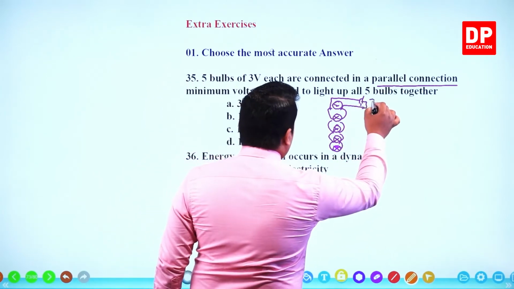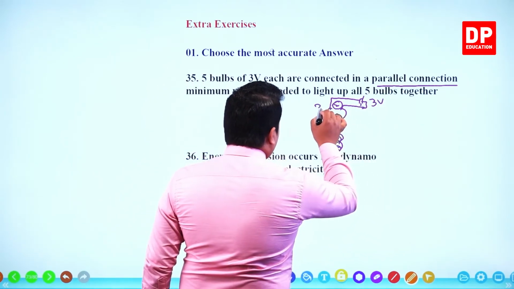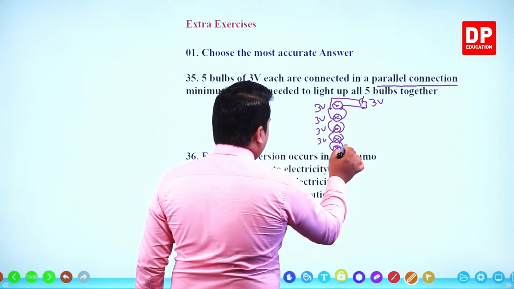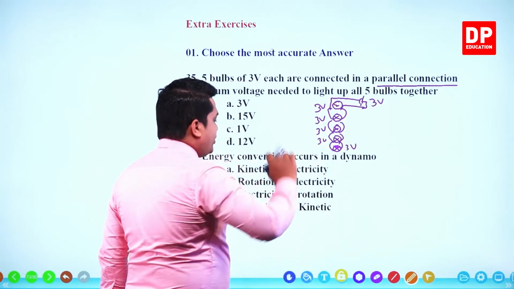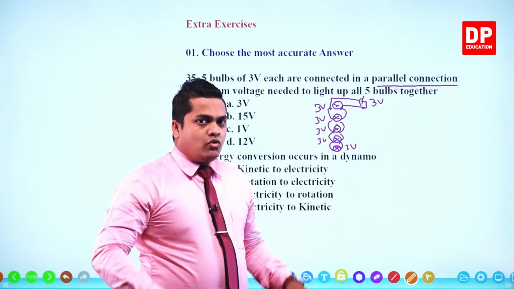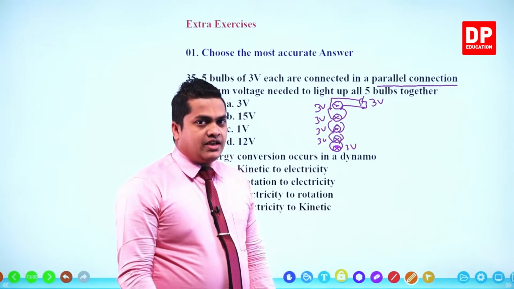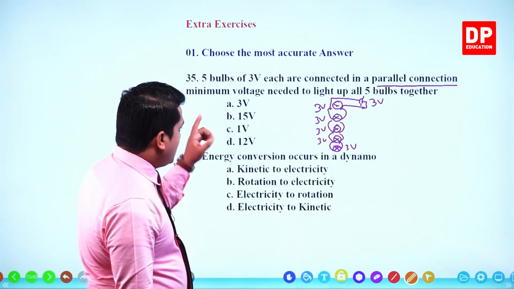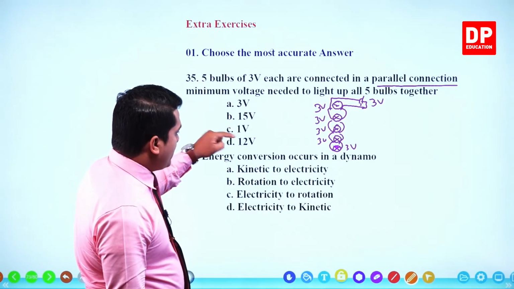So if this one is 3 volts, this is also going to obtain 3, this is also 3, this one also 3 and this one also 3. If I am going to connect in a parallel connection, all the bulbs would have the same voltage, which is 3. So the answers given here are 3, 15, 1, 12.